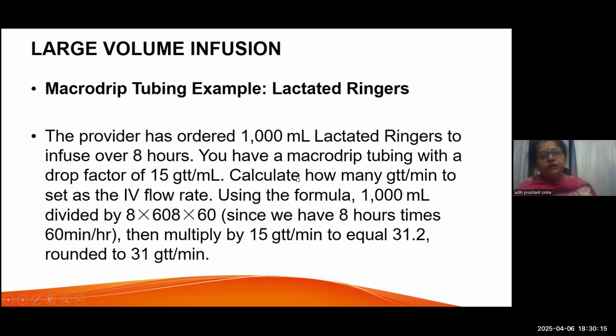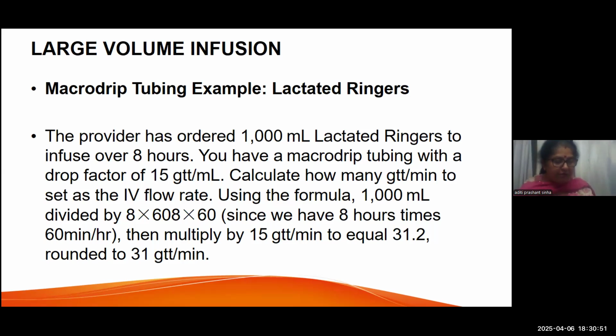Again 1000 ml divided by 8 hours, into 60 minutes, multiplied by the drop factor of 15, which gives 31.2. It is less than 0.5, so we'll round it to 31 drops per minute.